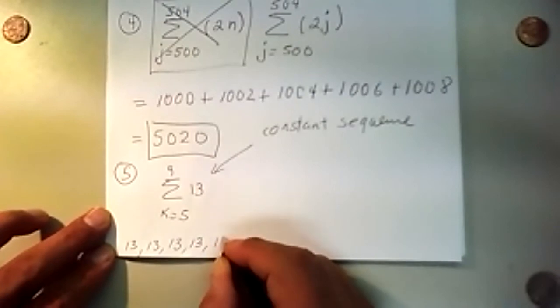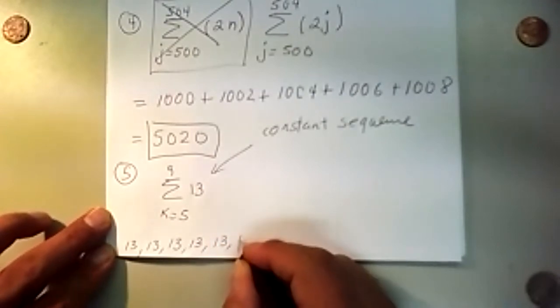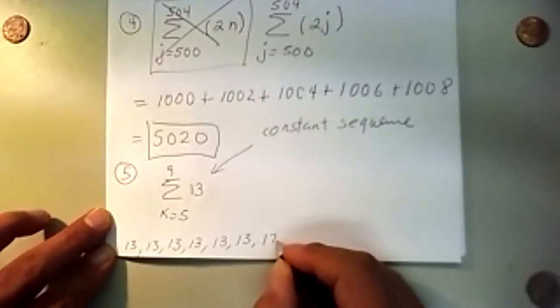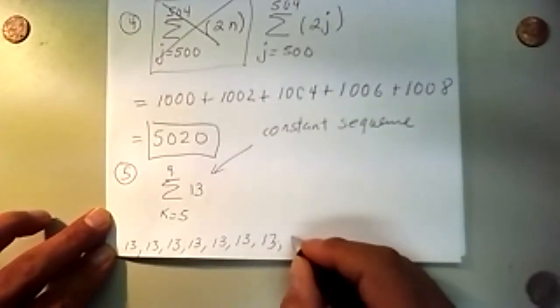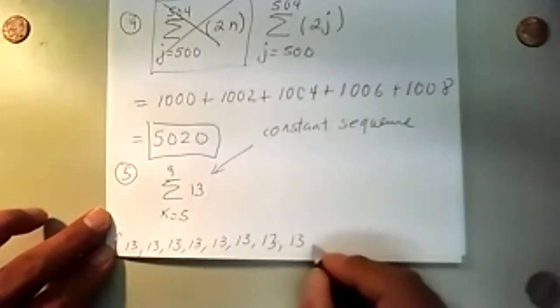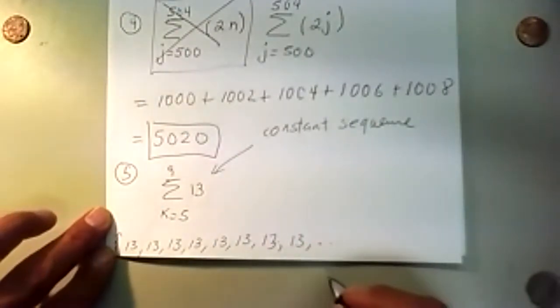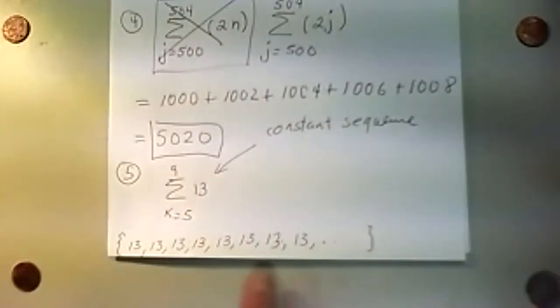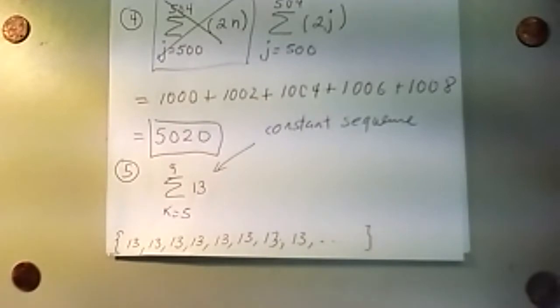The fifth element is 13. The sixth element is 13. The seventh element is 13. The eighth element is 13. So all the elements, it doesn't matter, the 1,000,000th element is 13. It doesn't matter how far you go or how close you are to the beginning. All the elements are going to be 13.